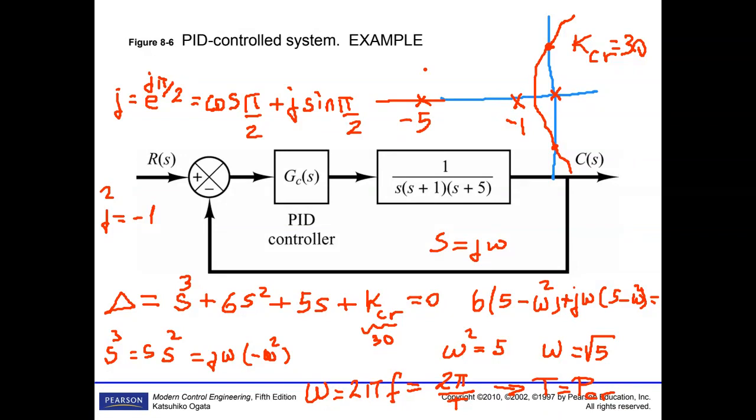Okay, let's open this. First, clear this. Let's define our numerator and denominator here. Denominator. You plot your Bode diagram.